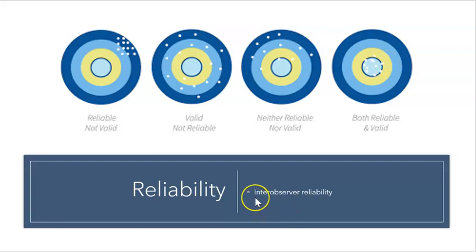Now your textbook also talks about inter-observer reliability. So this is just talking about making sure that when you measure something, between subjects, you're measuring it the same way every time. So, for instance, when I grade essay exams, I need to make sure that I'm looking for the exact same thing every time.